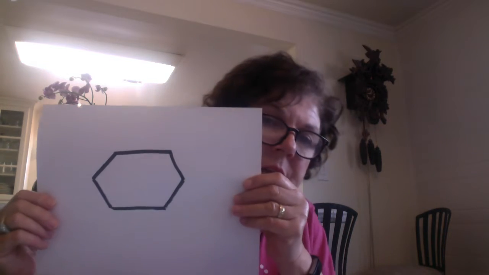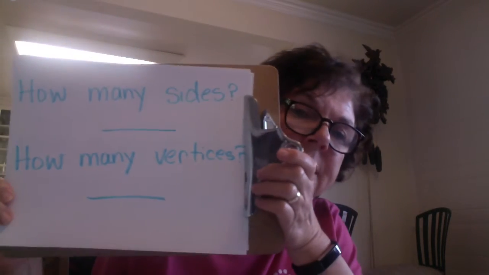Okay. All right, I'm going to show you how we're going to analyze these shapes. I'm going to show you a shape, and then we are going to analyze it. So here is, I hope you recognize this shape as a hexagon. So my questions are, how many sides and how many vertices does it have?